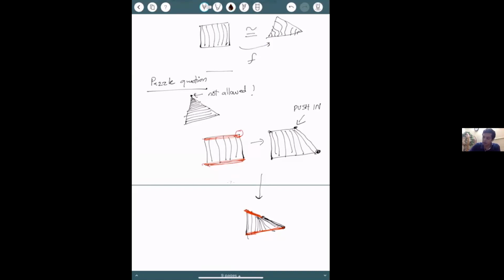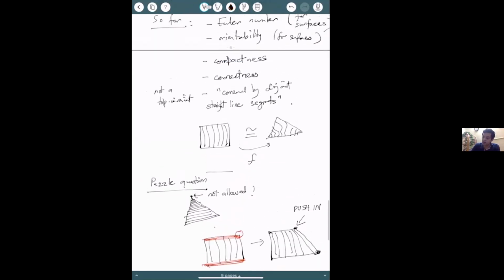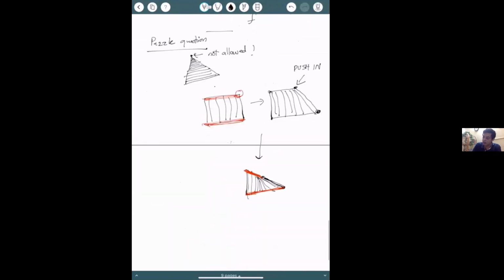So coming back to topological invariants, you have various things, and let me say that later, when you do algebraic topology, it turns out that another important topological invariant is a group. It's something that you learn in algebra, right? This topological invariant is called the fundamental group of a topological space.